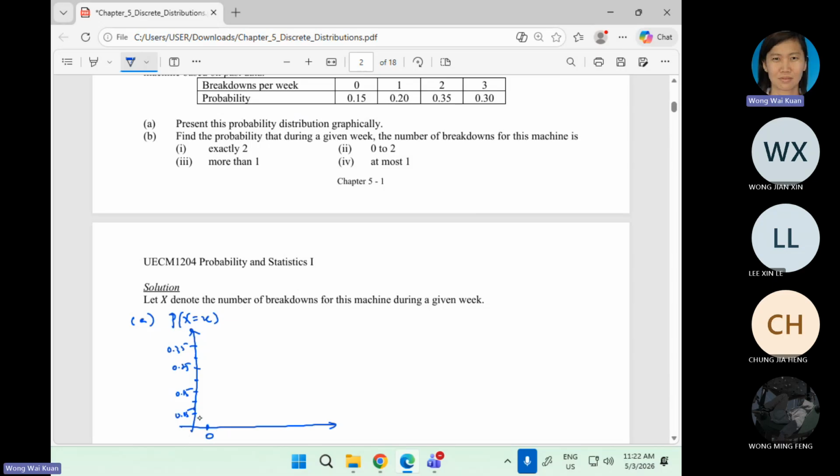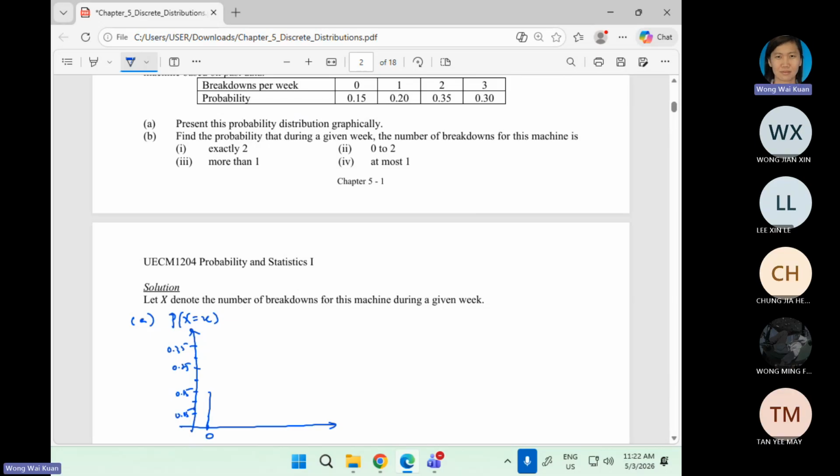So when X is 0, the probability is 0.15. We call this a line graph because we don't draw a bar. We draw a straight line. Normally we have a line graph. You can have a bar graph also, but please don't join them. There must be a gap in between.